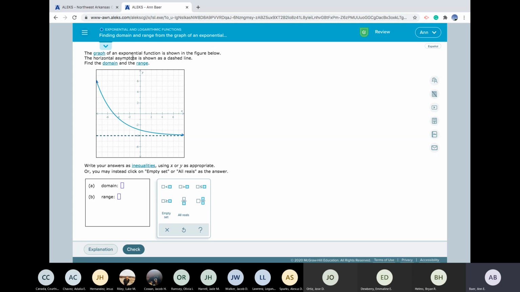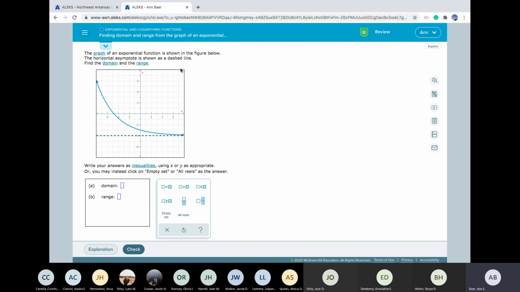The graph of an exponential function is shown in the figure below. So this is the graph of an exponential function. They have this characteristic shape where they go down really fast and then taper off, or they start out slowly at the beginning and then shoot up really fast towards the end.